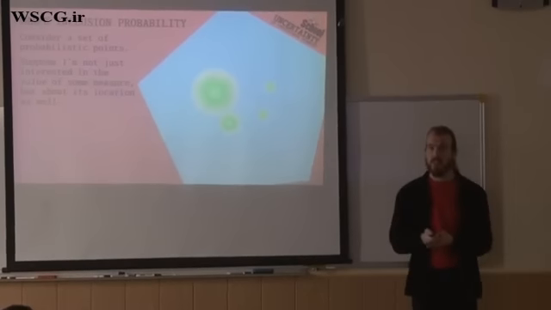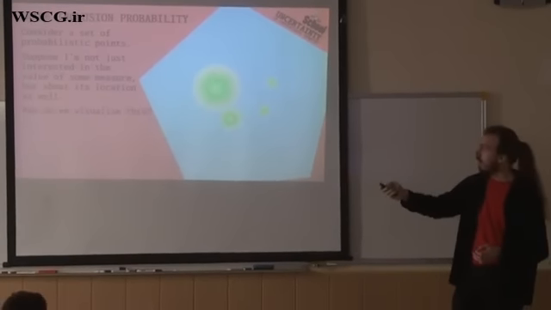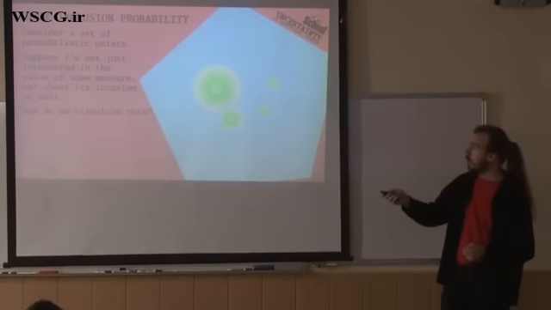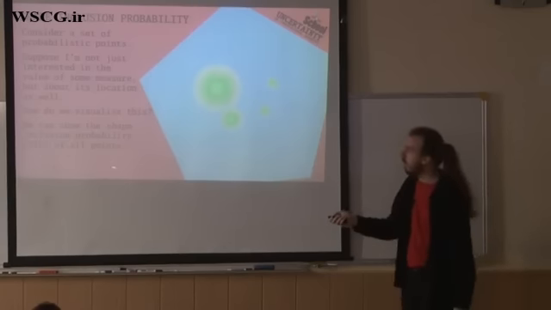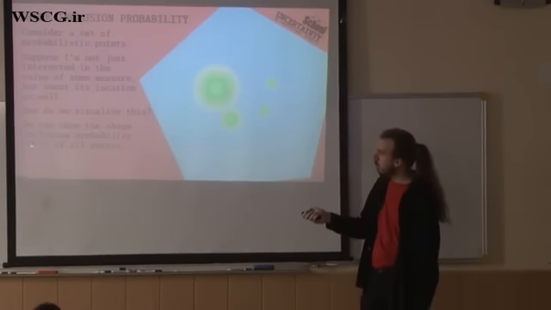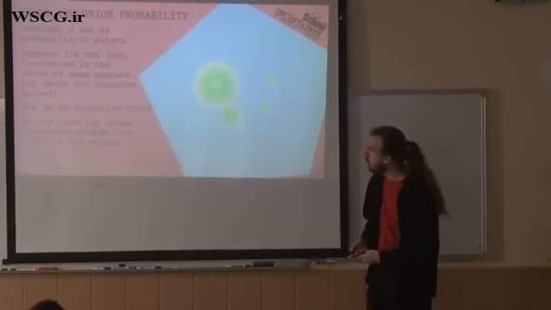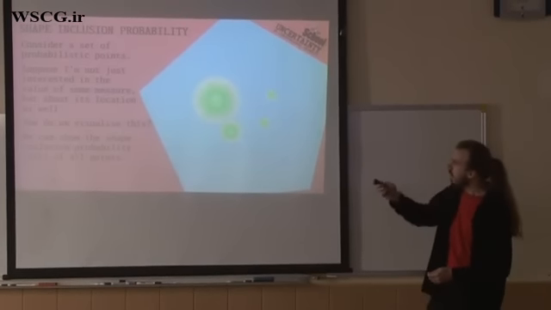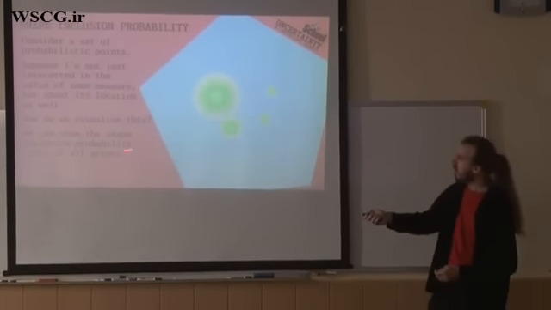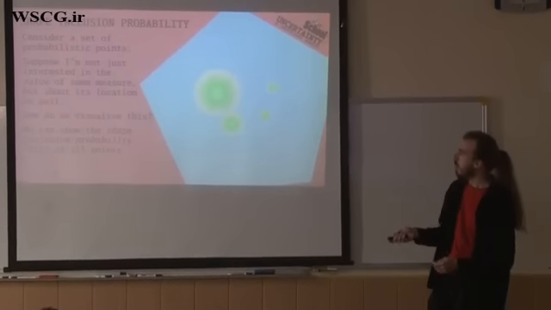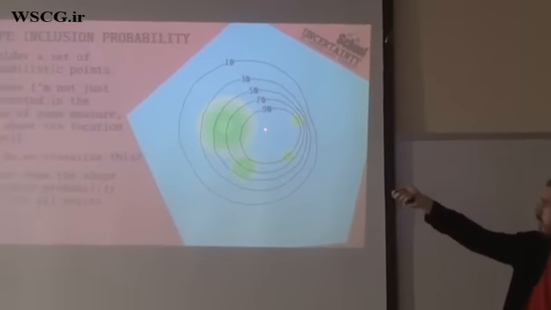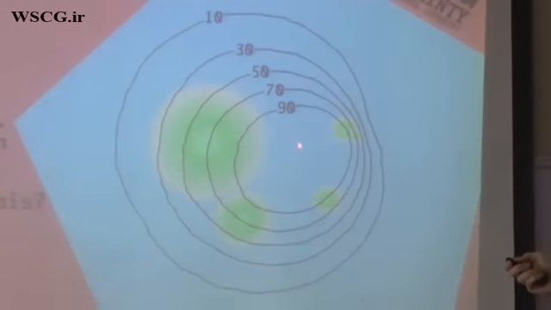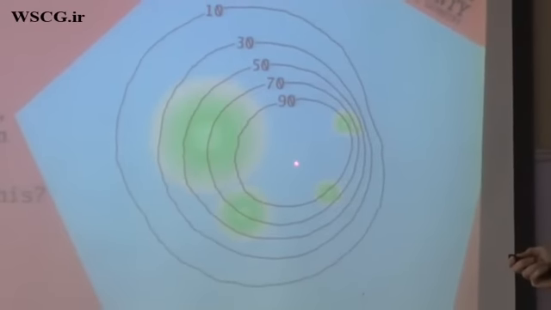Okay, so for this, we can define the shape inclusion probability, called the SIP. That should be a P. It's not a probability. Okay, so we want to compute this shape inclusion probability of all points. So what is it? The shape inclusion probability of a point in the plane is the probability that this point lies inside my shape.